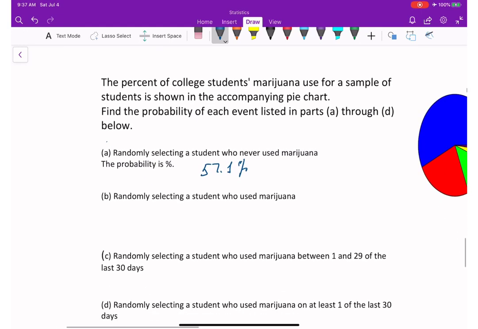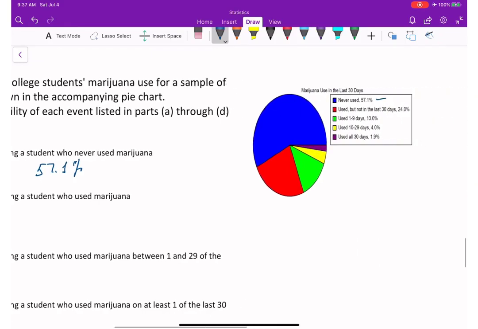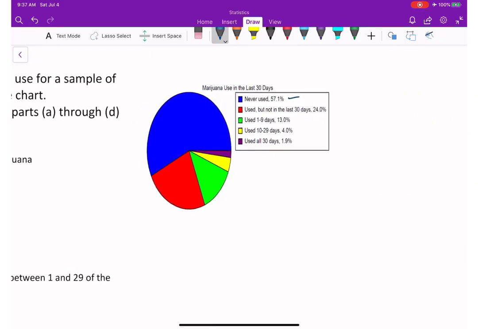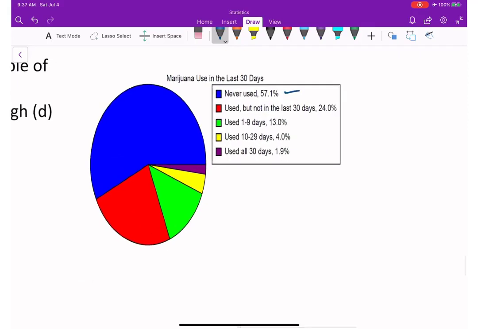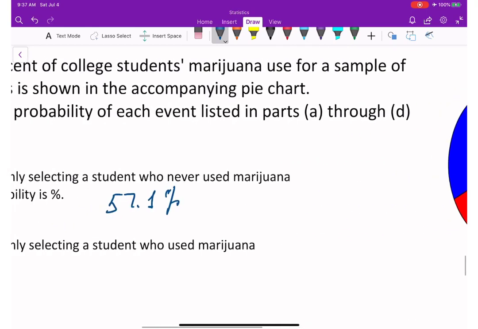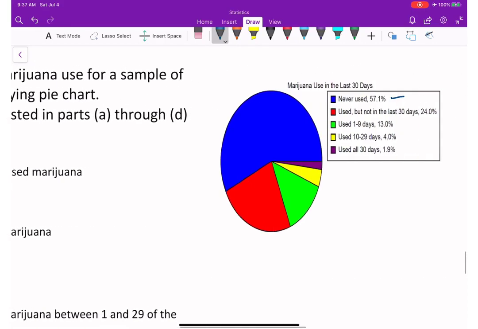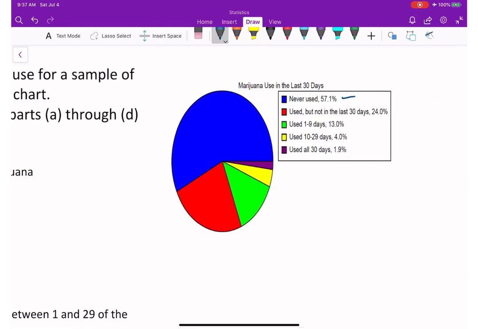Next, randomly selected a student who used marijuana. So what do we have here? Used but not in the last days, used 1 through 9 days, used 10 through 29, so did not use. Remember the complement: if I take 100% minus the 57% who never used, I will have the entire percentage that used, because never used plus used gives you 100%.